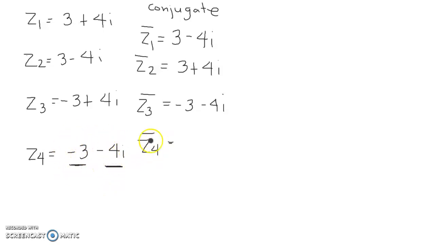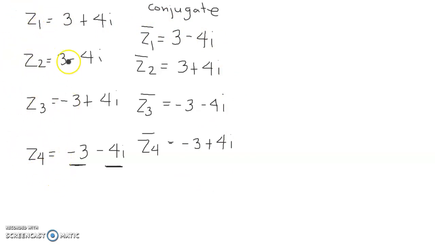So we just copy the real part, and we take the opposite sign of our imaginary part. As you can see, from positive it became negative, from negative it became positive, from positive to negative, from negative to positive. So this is the conjugate of our given complex numbers.